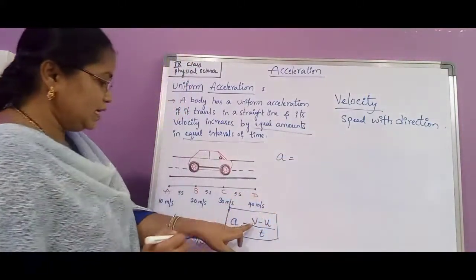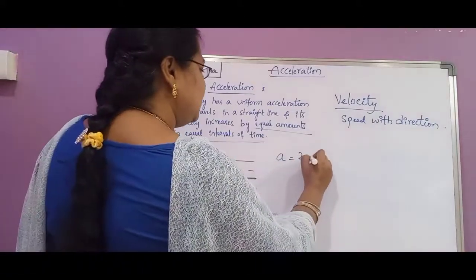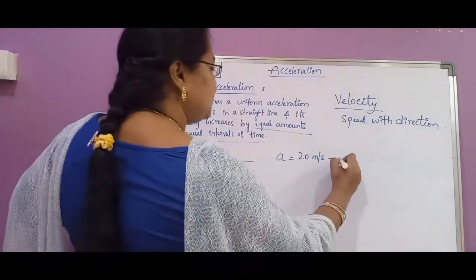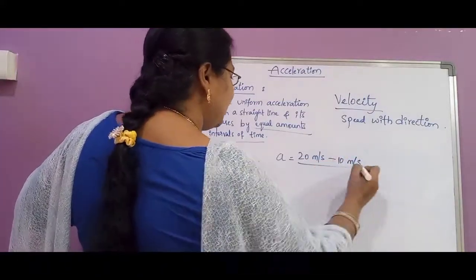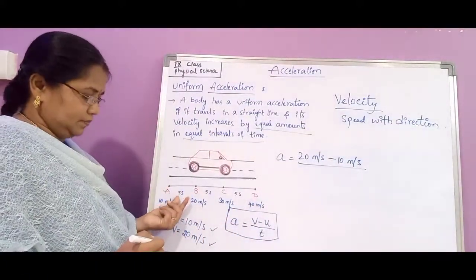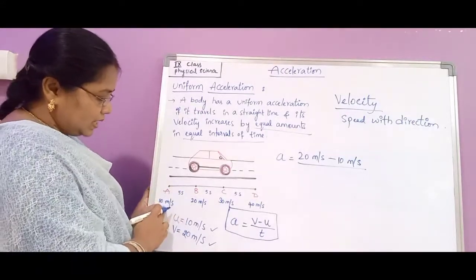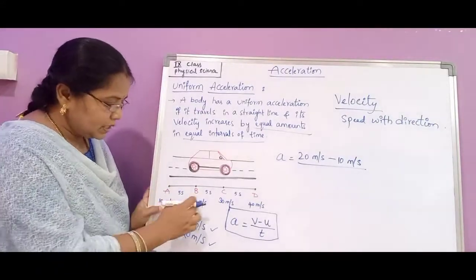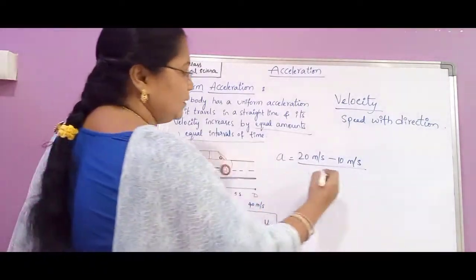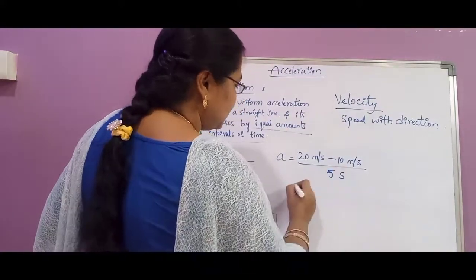Here v is the final velocity at point B, 20 meter per second, minus u, the initial velocity, 10 meter per second, by time t, which is 5 seconds. In 5 seconds, its velocity has changed from 10 meter per second to 20 meter per second. Its velocity increased by 10 meter per second within the 5 second time interval.